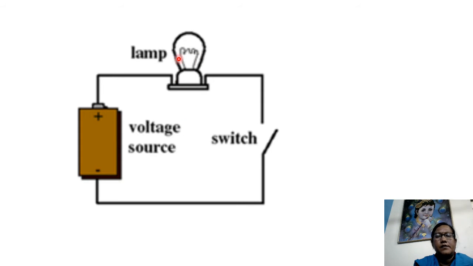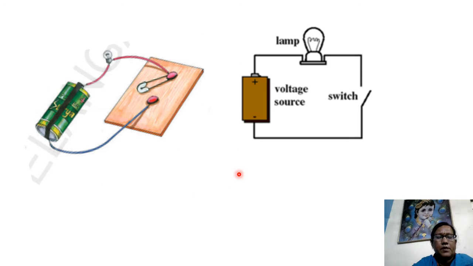See here, this is the bulb, this is the switch, this is the copper wire, this is the battery. See here, children, this is the simple electric circuit diagram. This is the electric circuit.